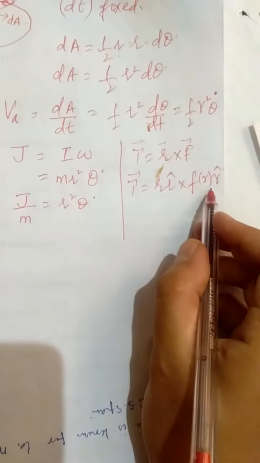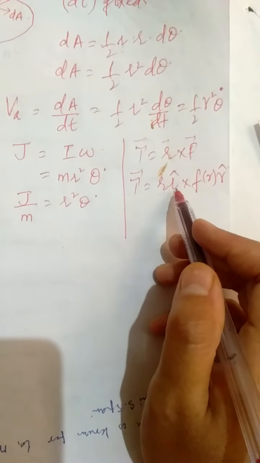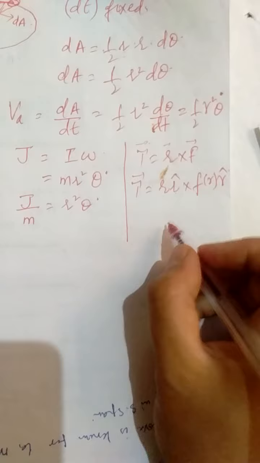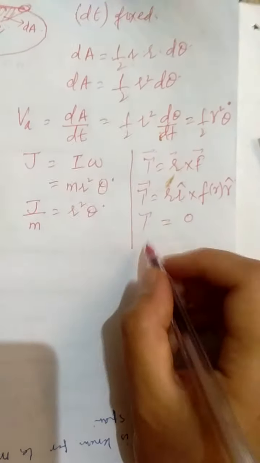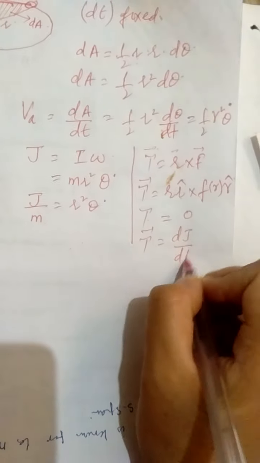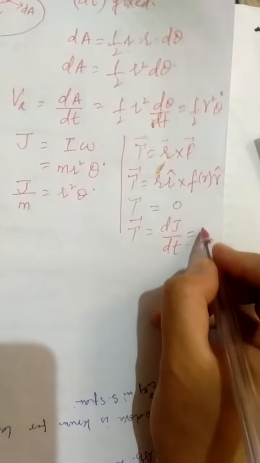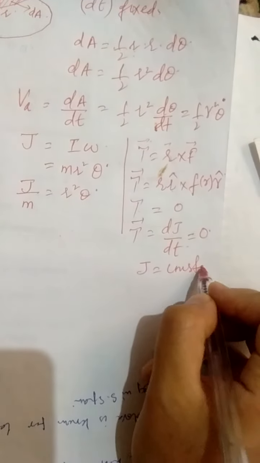So we can write it in this manner, right? Since this product involves the cross product of two like vectors, this will be 0. So when no external torque is acting on the system, and since torque is given by dJ by dt, this will be 0. That means J will be a constant, right?